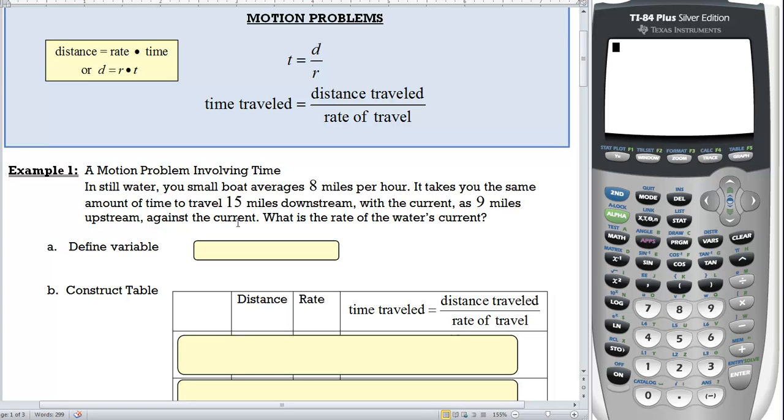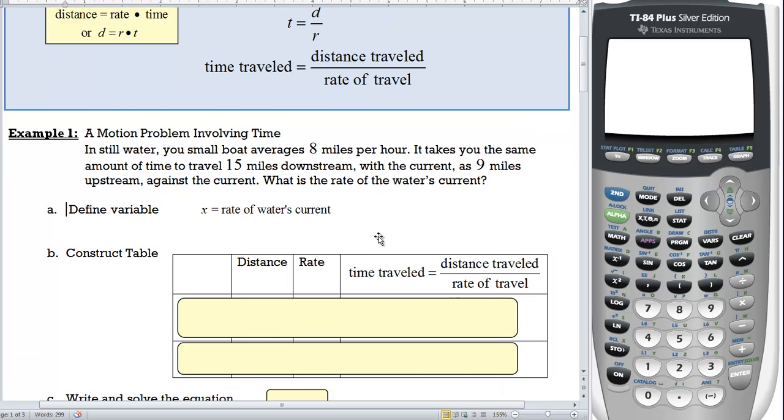So notice the time going downstream and coming upstream are the same. My unknown, or what they want me to find, is the rate of the water's current. I don't know that. So when I define the variable, I'm going to let x equal this thing I'm trying to find. So x is going to be the rate of the water's current.